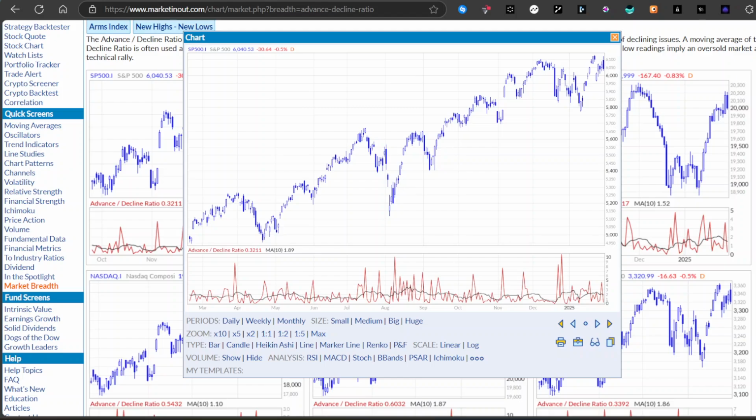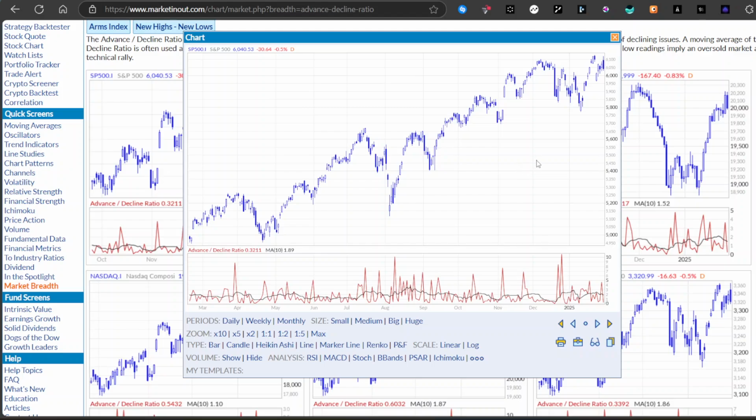This comprehensive approach is invaluable for identifying broad trends and potential market reversals before they become evident through price action alone. Now, consider how the advance decline ratio can help confirm market trends.